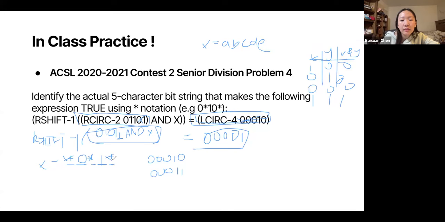Because the output can be either 0 or 1 according to what we did. So then the answer will be asterisk 0 asterisk 1 asterisk. Does anybody have any questions about this? No questions?